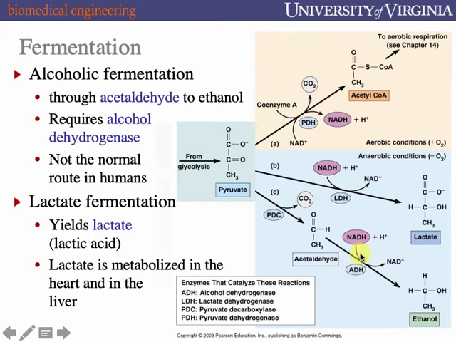Like this dehydrogenation reaction, this consumes a reducing equivalent and then generates the metabolic byproduct lactate or lactic acid, which is the best end stage metabolite that we can produce to handle the pyruvate load under anaerobic conditions.